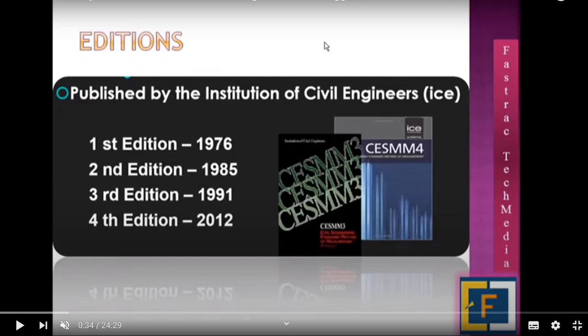So for that purpose, just understanding the CESM, I am giving this small introduction. This is not a very deep study of CESM, but it will give you just an awareness of how CESM works, or what is included in CESM.